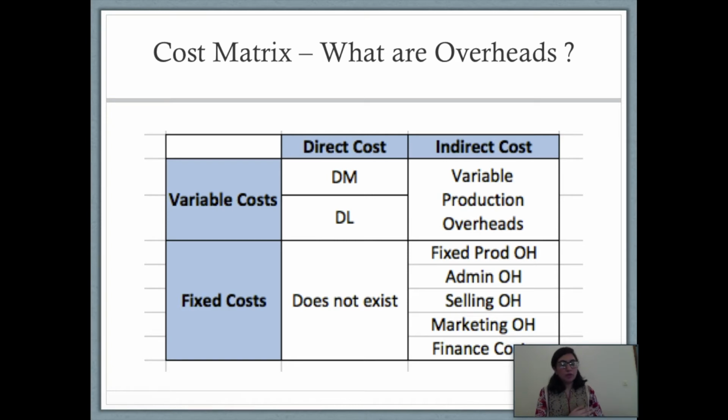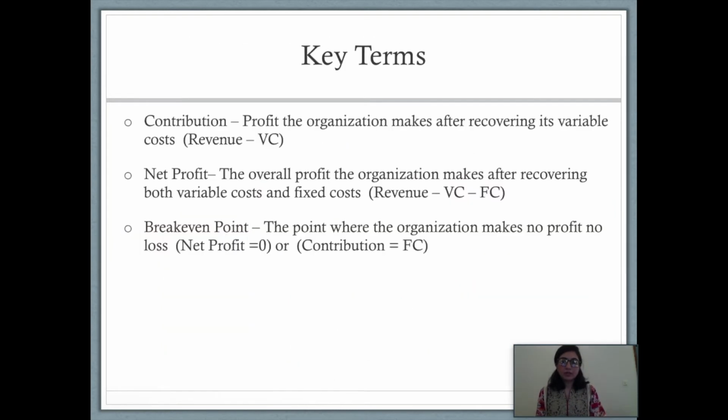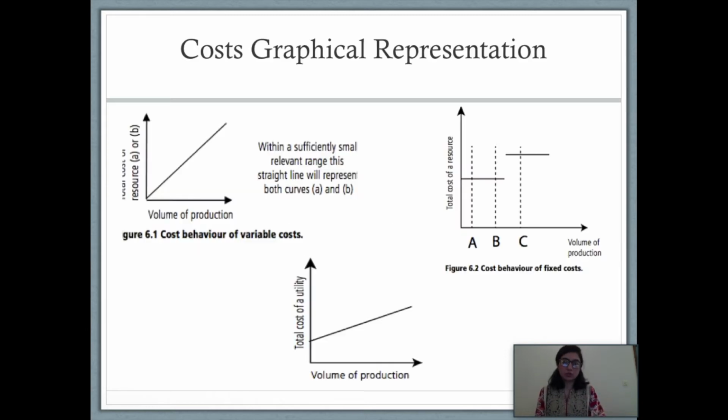So when we add it on to absorption costing, we will have to calculate how fixed overheads behave in that sense, and what is the major difference in calculating, again, contribution, net profit and break even using both absorption costing and marginal costing.